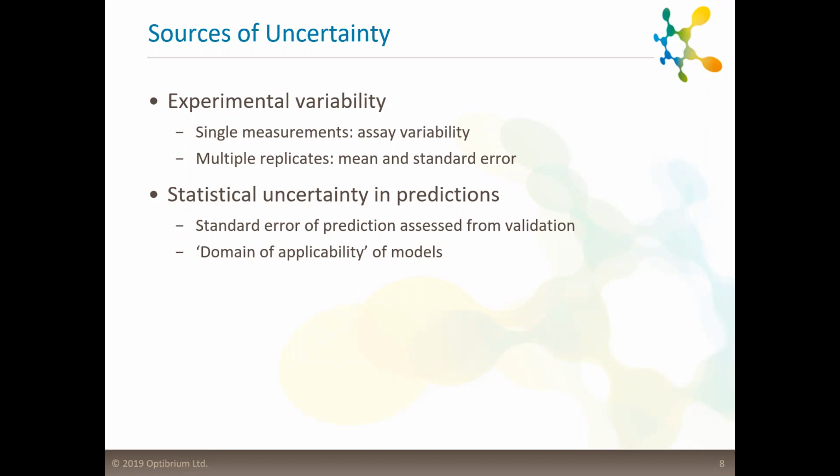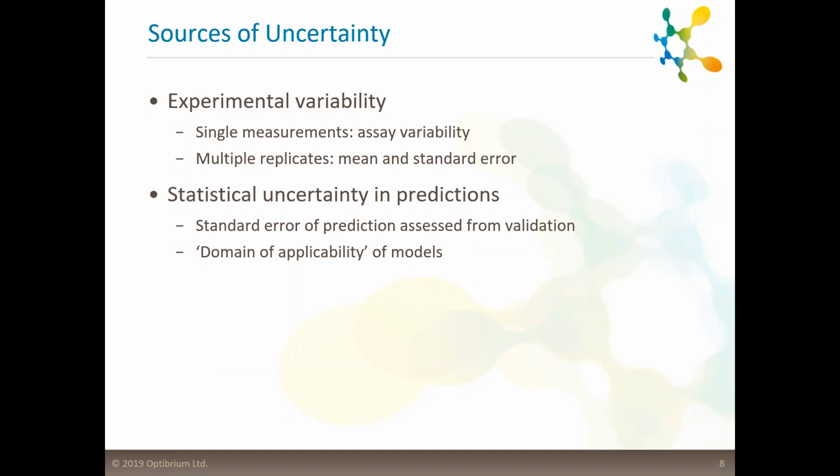So that's the experimental variability, but there is also uncertainty associated with predictions. And this can be assessed through validation of the models. So with the predictions done in StarDrop, I'll show you where we can find this uncertainty value. When we're working with predictions, we also need to think about the domain of applicability of the model.